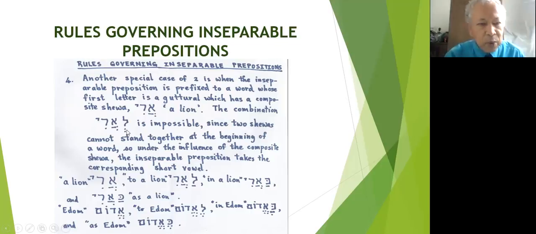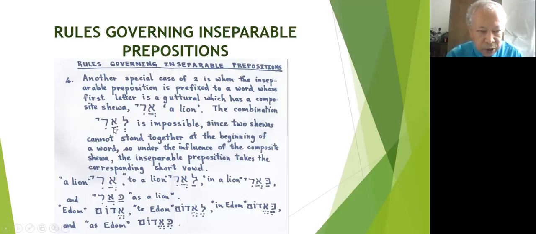It doesn't matter whether this is a simple schwa or that is a composite schwa. They are both schwas, and two schwas cannot stand together at the beginning of a word. So under the influence of the composite schwa, the inseparable preposition takes the corresponding short vowel.